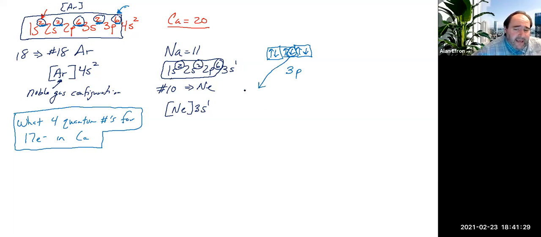In this case, n would equal 3 because it is in a 3p orbital. L, because n equals 3, could be 0, 1, or 2. 0 is an s orbital, 1 is a p orbital, and 2 is a d orbital, because on that third energy level is where we start to see the d's appear. In this case, our electron is in the p orbital, which means L should be 1.